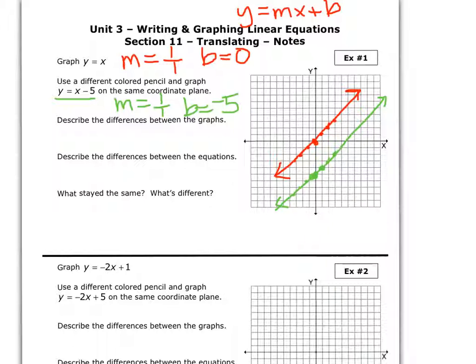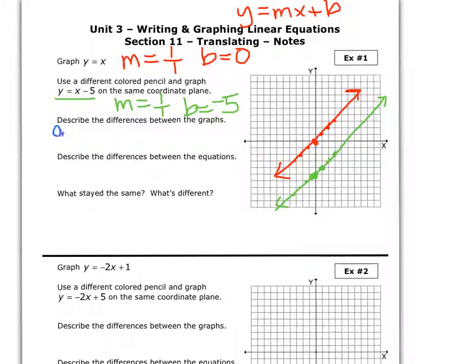Okay, let's describe the differences between the graphs. Well, let me actually go back here. Of course, you can go by my colors. I was going to number them 1 and 2. But the differences between the graphs might be, one thing is where they cross the y-axis. So that would be one difference.